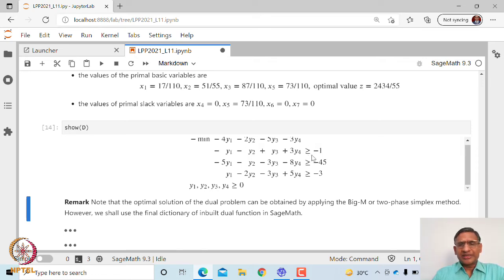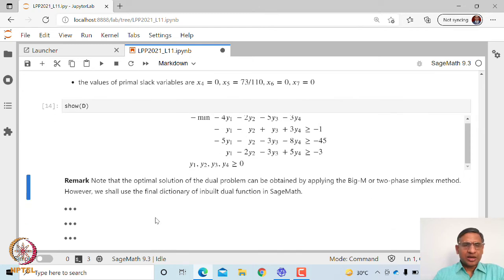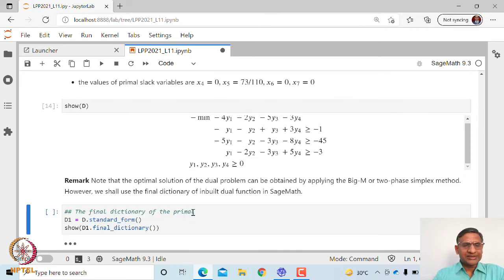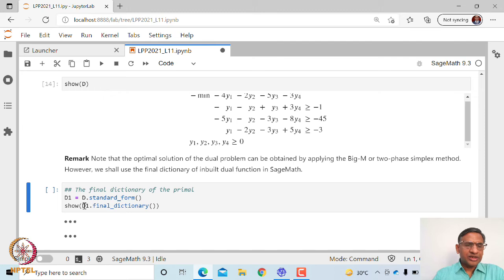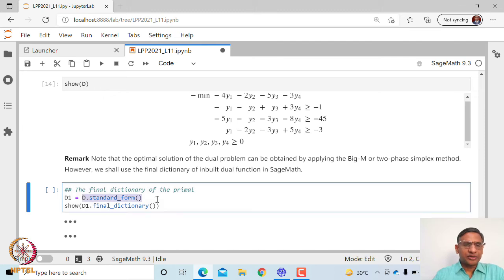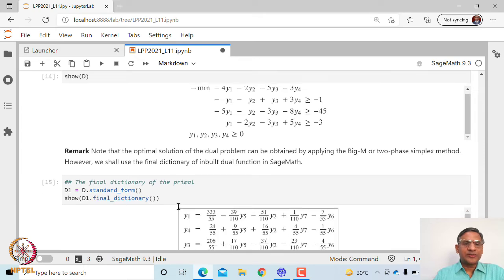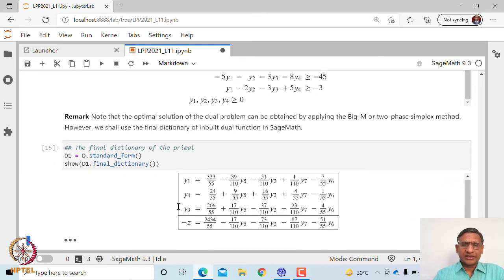This problem is minimization type with greater than or equal to signs, so one can solve it using the big M method, because the standard simplex method will not work as these are greater than or equal to type. Or you can use the two-phase simplex method. However, Sage already has the inbuilt function, so we will convert D to the standard form, and then again find the final dictionary of the dual simplex method, right?